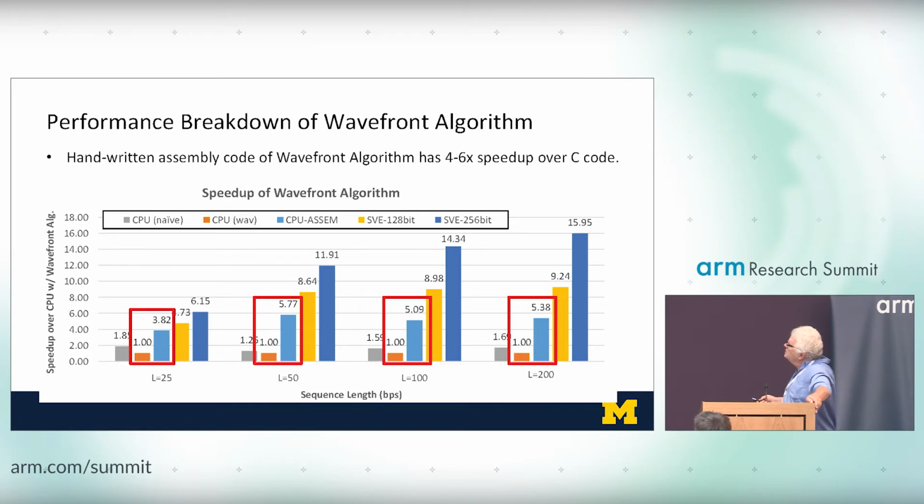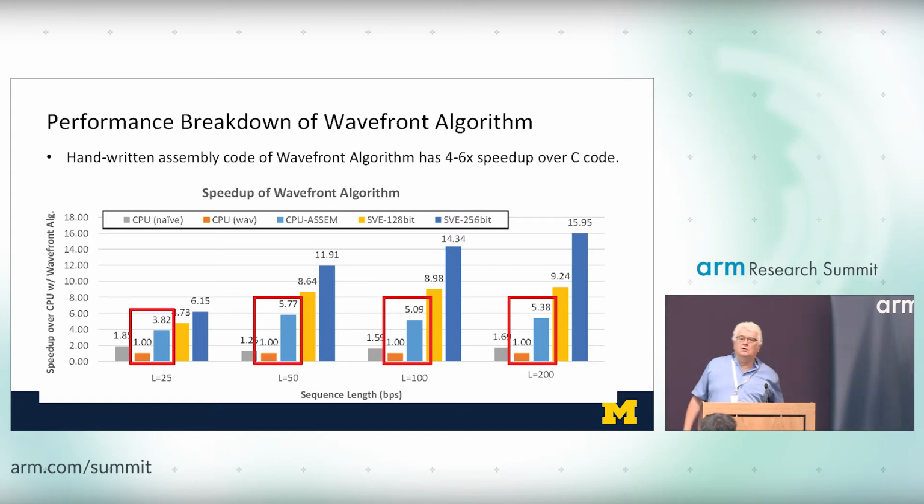Okay, so let's look now at the speedup of the wavefront algorithm with different sequence lengths. You can see the speedup over a CPU. One of the criticisms we had is, hey, you didn't do the CPU in assembly language.